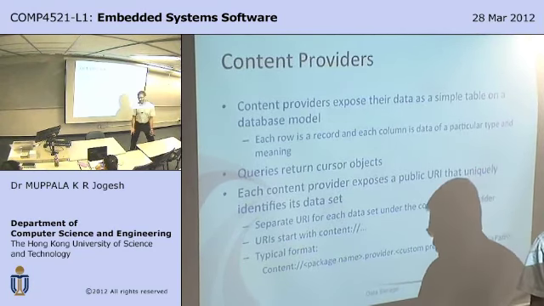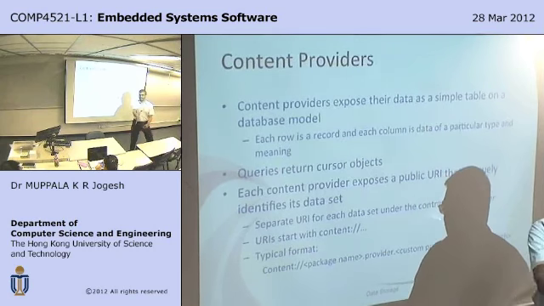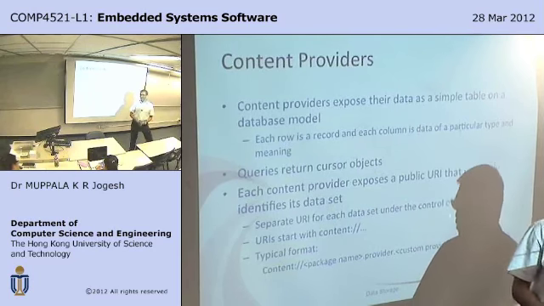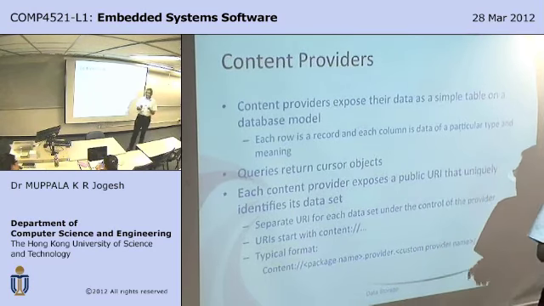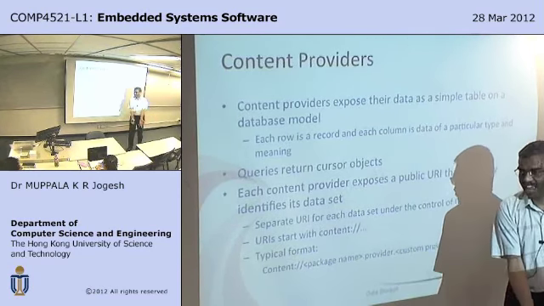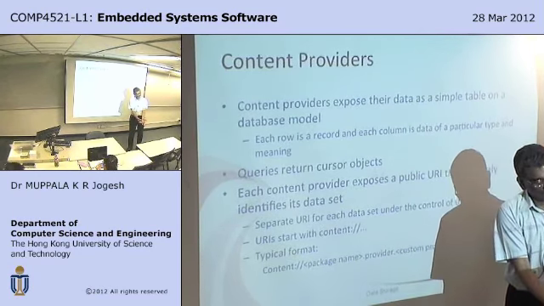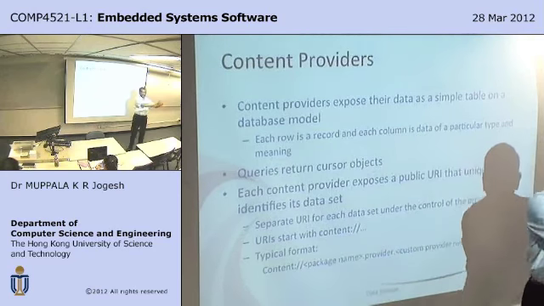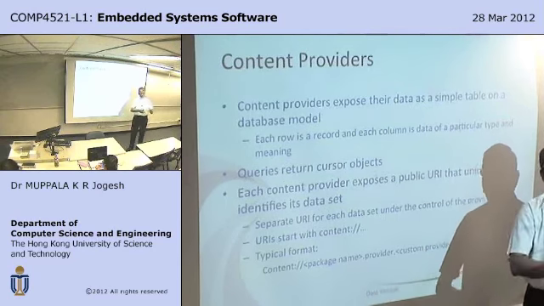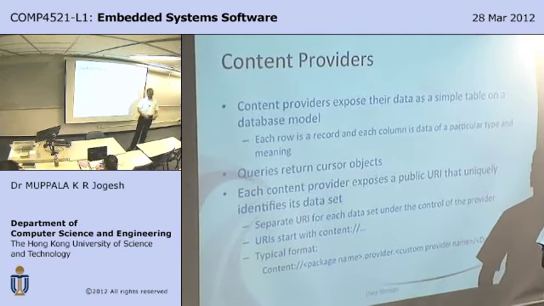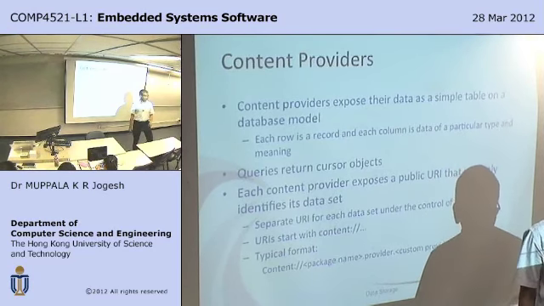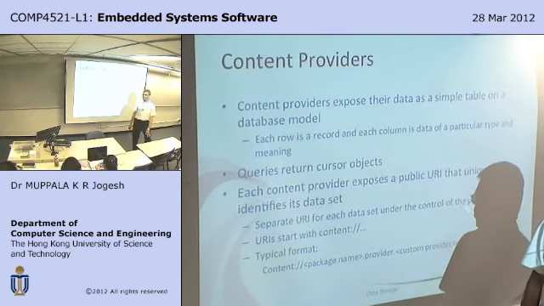You don't need the phone number, it doesn't help you identify where the user's location is, and so on. But the content provider itself will manage the entire contact information, and it can expose different interfaces, URIs, through which it will provide different pieces of information as required. So that's one more advantage of doing a content provider.